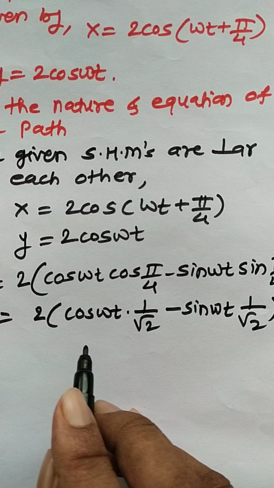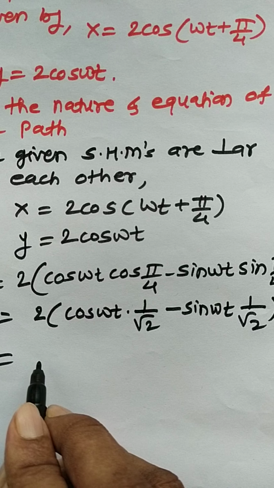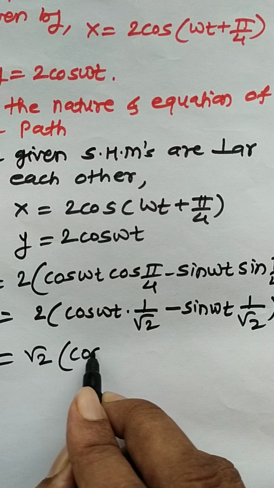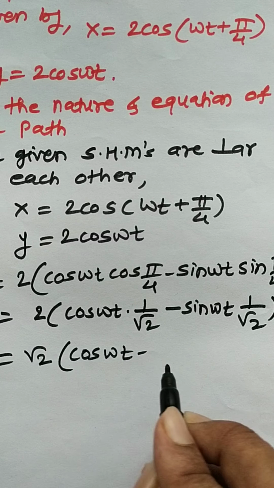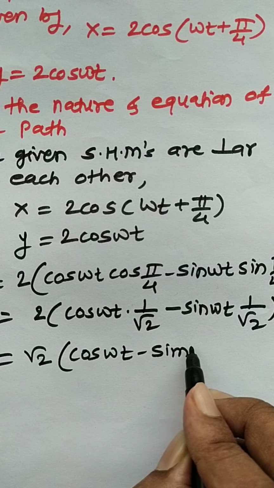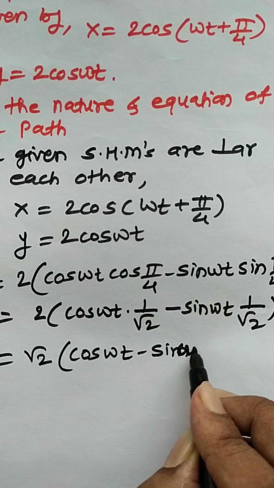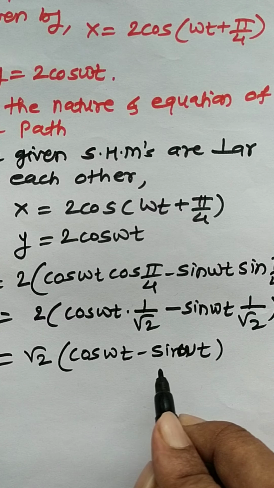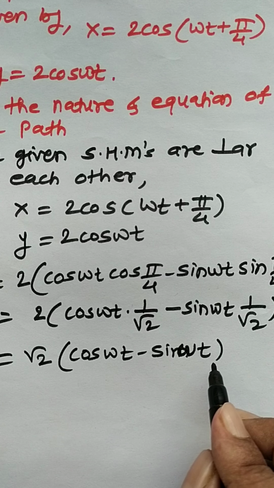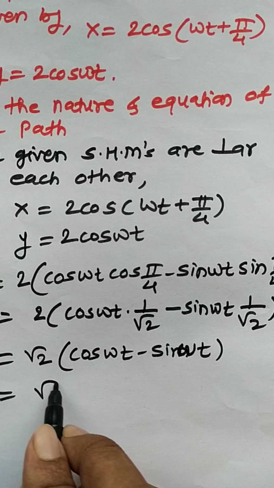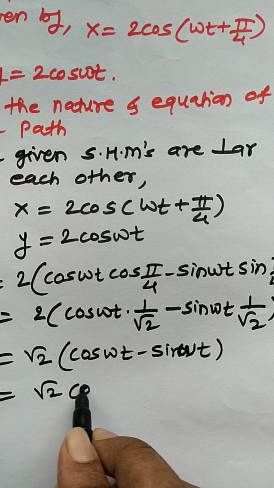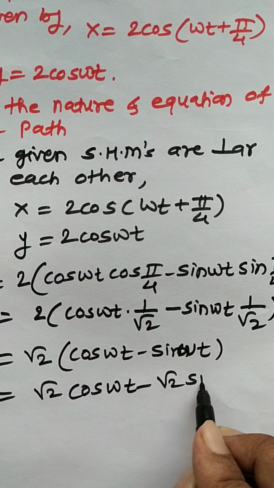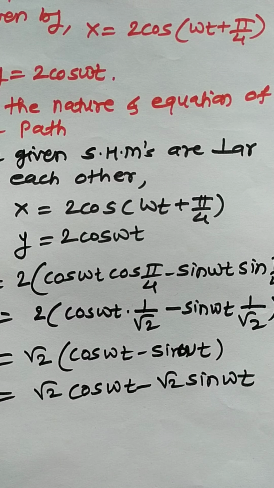Okay, and that is equal to here root 2 cos omega t minus sin omega t, and that is equal to root 2 cos of omega t minus root 2 sin of omega t.